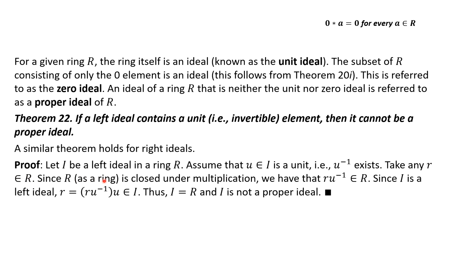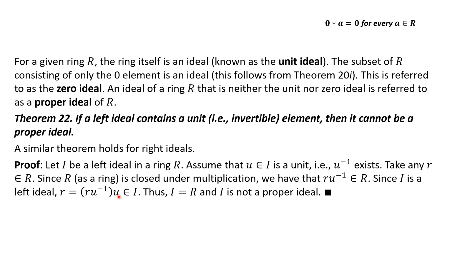Since R as a ring is closed under multiplication, we have r times u inverse is an element of R. And then from the definition of our ideal, this element from R times an element from the ideal has to be in the ideal by definition. And this turns out to equal r, right?